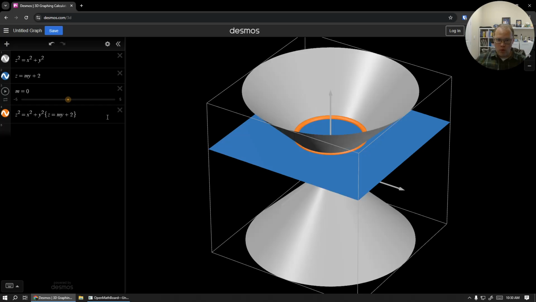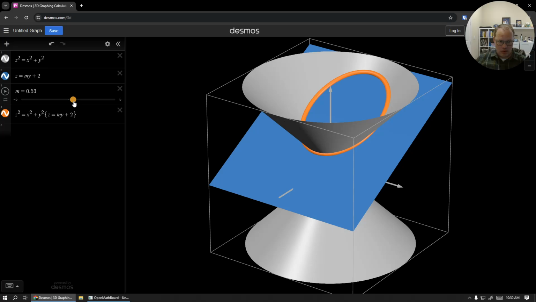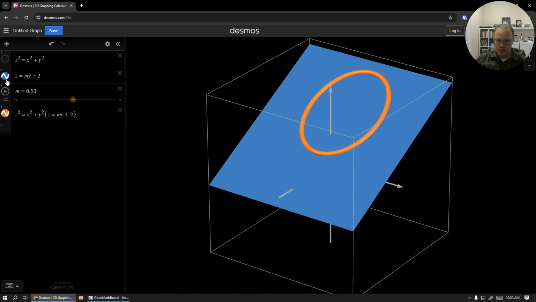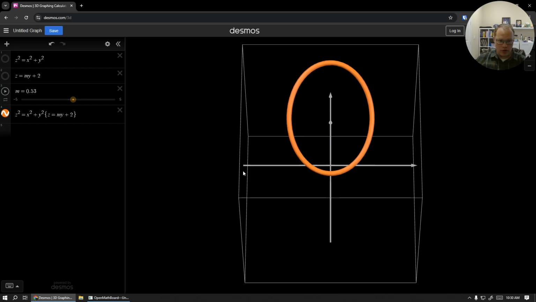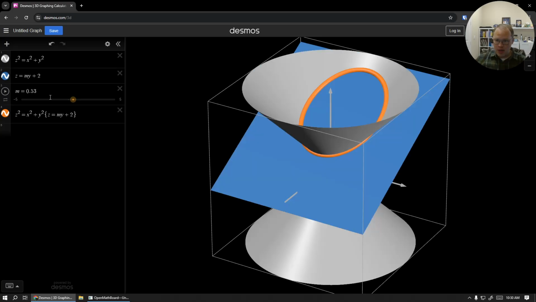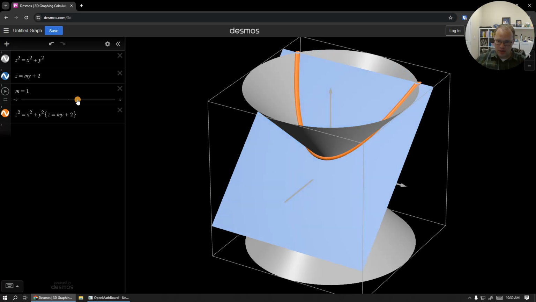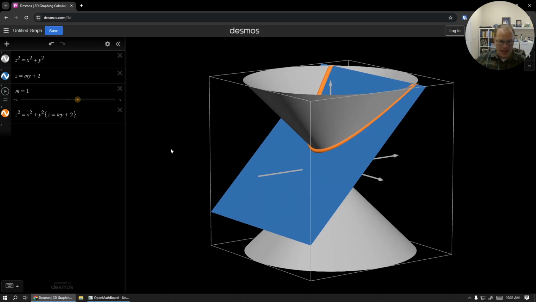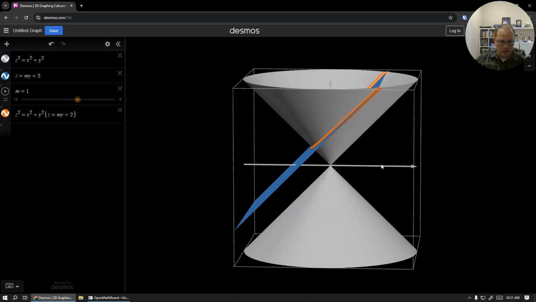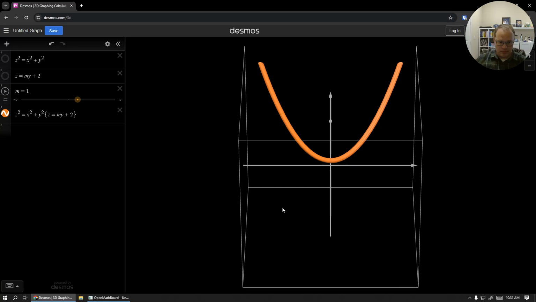Now, if I rotate that plane, I get an ellipse, kind of a squashed circle, right? That's another kind of conic section. If I keep on rotating it until the plane is parallel to the slope of the edge of the cone, then I end up with a parabola.